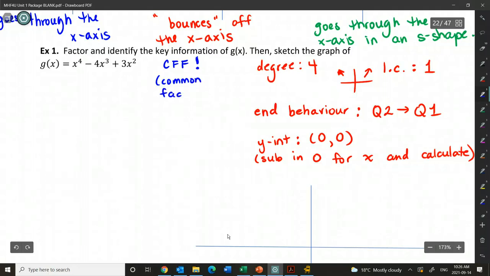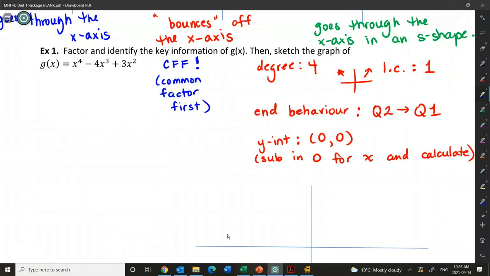If you see this on a test, it means you forgot to common factor first. And if you forget this, you make your life unnecessarily hard. Who enjoys making their life unnecessarily hard? Okay, good. You're all sane. That's lovely. I don't want to make my life harder than it needs to be. I'm going to common factor first. I'm going to make my life like 10 times easier.